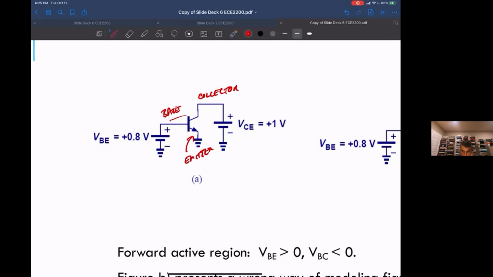Remember, our typical on voltage for a diode is around 0.8 volts, so putting 0.8 volts here means you're forward biasing the base-emitter junction.